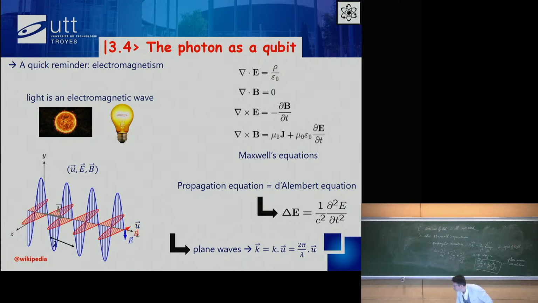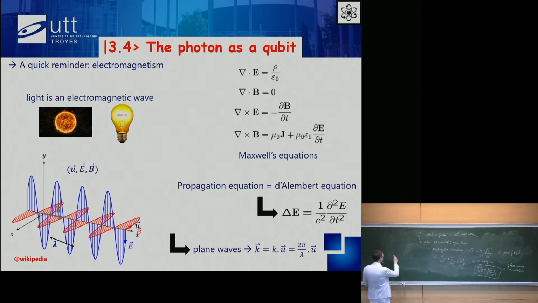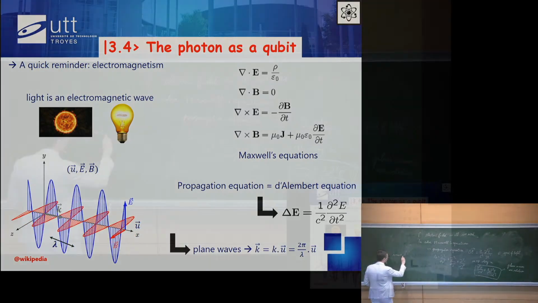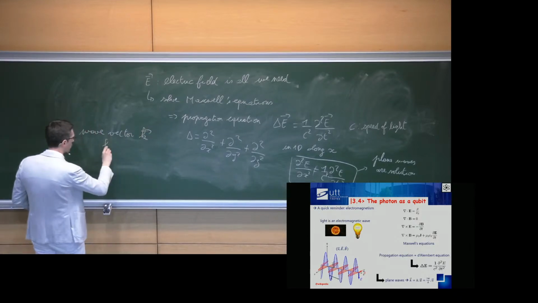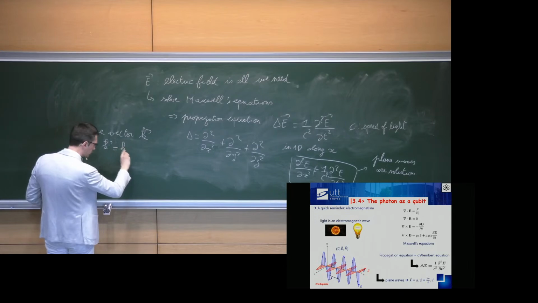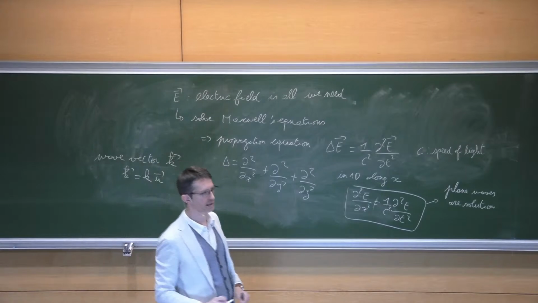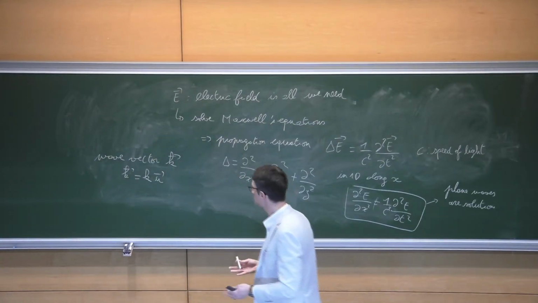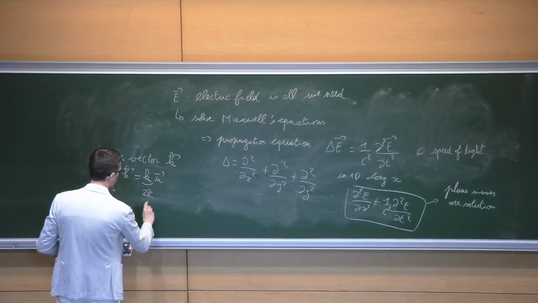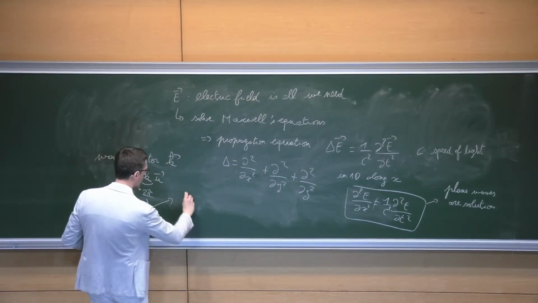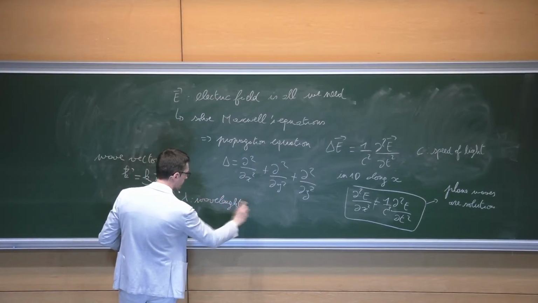And I just want to write that we have the wave vector k. k is defined by k times the unit vector u, which is along the propagation axis, along x in this case. And k is 2 pi over lambda, where lambda is the wavelength of the wave.